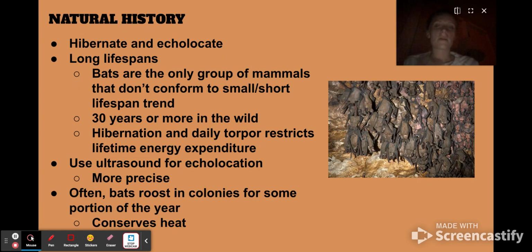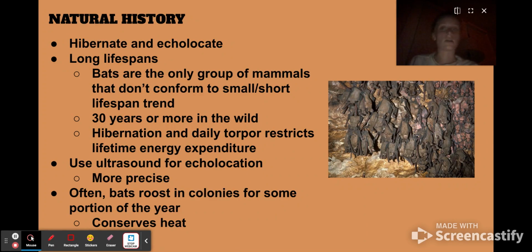Some natural history about them. Some of them hibernate, not all of them, and they echolocate, which they do by making noises from their nose region, and they make up for something called Doppler shift, which is, if you think about when a car goes by you really fast or something's falling, the pitch changes. They have to make up for these small nuances in their hearing.